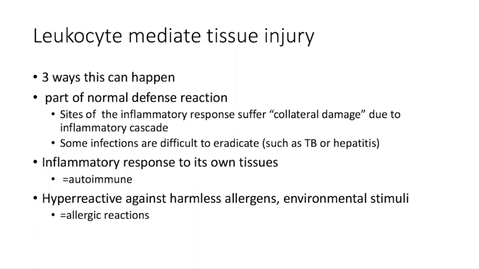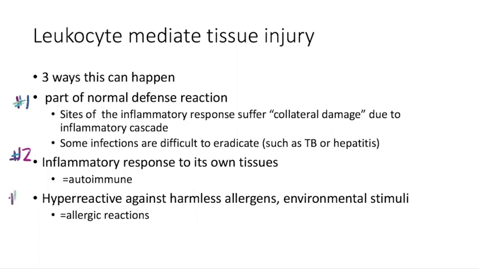So no matter what the response is or how it happens, we have three ways. Number one, part of that normal defense reaction. Number two, autoimmune, where the inflammatory response turns on its own tissues, which is what autoimmune is. And we'll talk about that a little bit later.